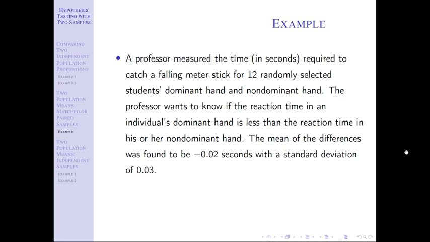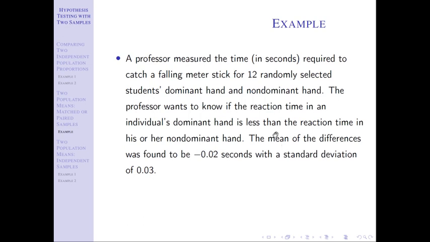So when I read this question, as we're always talking about, how do I know what type of problem it is? You've already seen this example. Previously, we identified this as a dependent sample. Let me first back up and say, how did I identify it as two sample? Because I need to be able to say, is it one sample, is it two sample, is it mean or proportion?